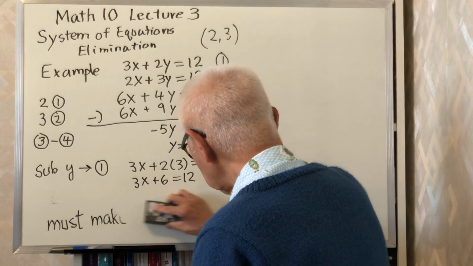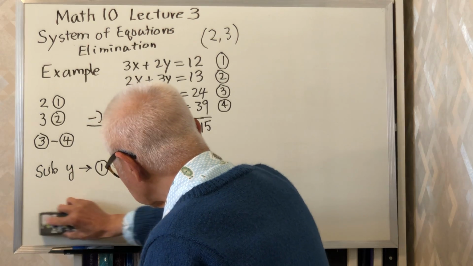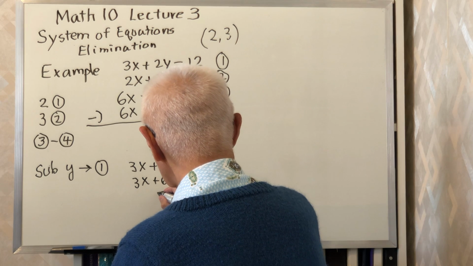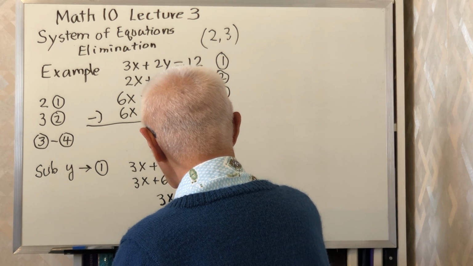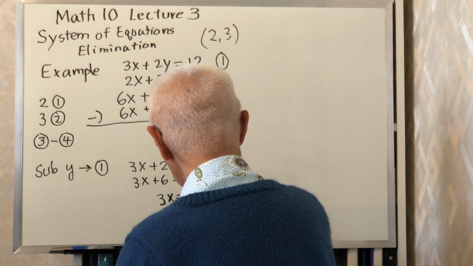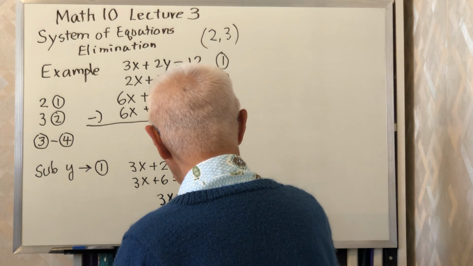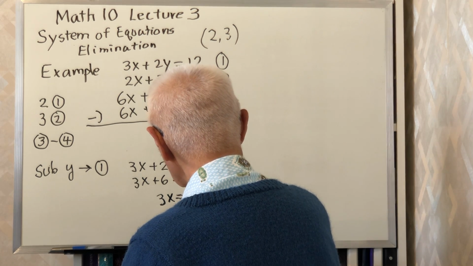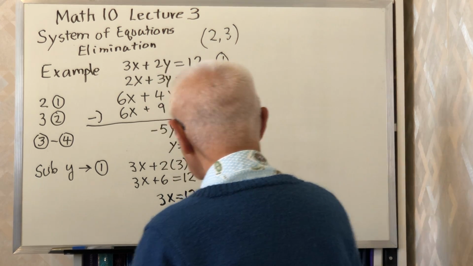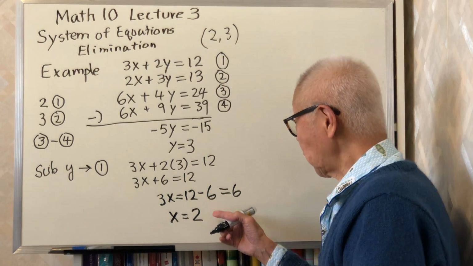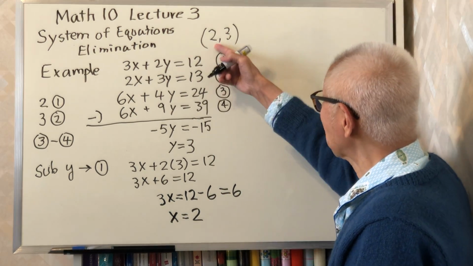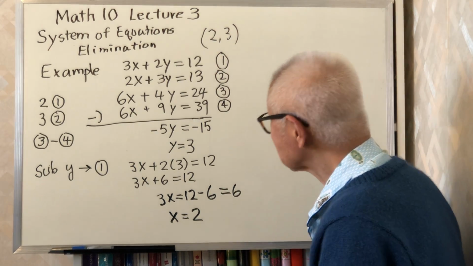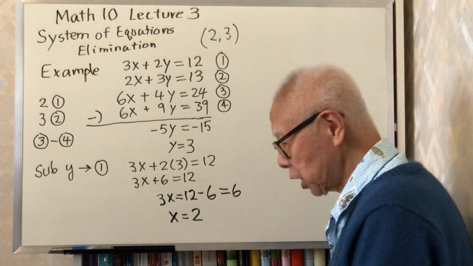Let me erase this. Which means 3x equals 12 minus 6. So this is equal to 6, and x is equal to 2. So I have 2 and 3, which agrees with the method of substitution. So this is elimination.